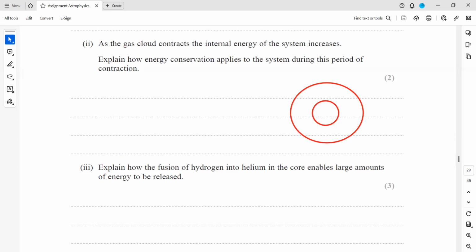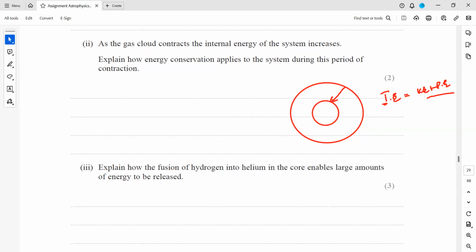So what actually happened? The internal energy is the sum of the kinetic and the potential energy of the particles. But what happens when it is contracting?